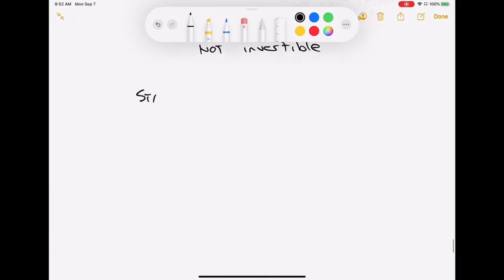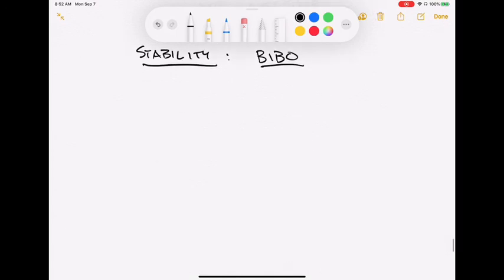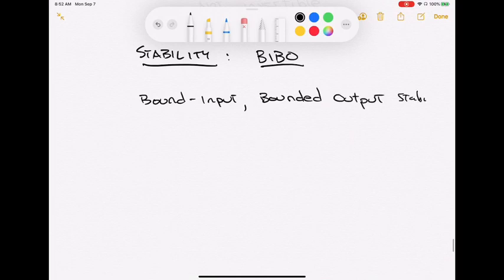Let's talk briefly about stability. We'll see later that there are different forms of stability. For right now, we're going to talk about a particular form called BIBO stability. What does this stand for? It stands for bounded input, bounded output stability.